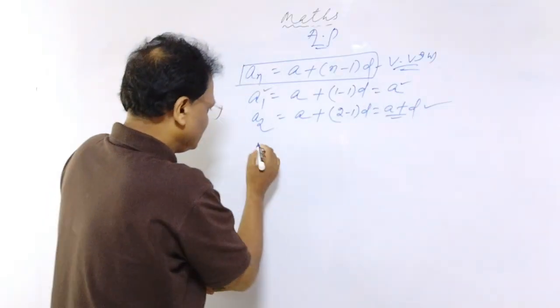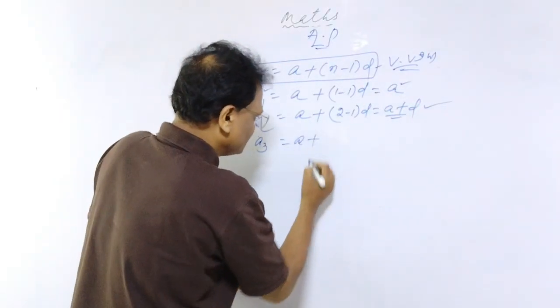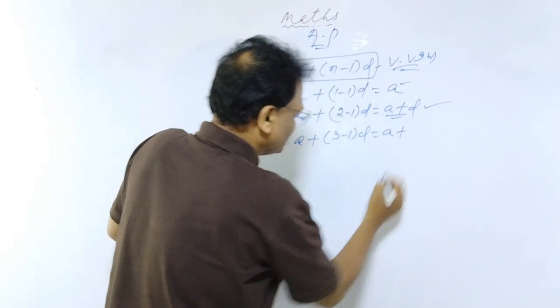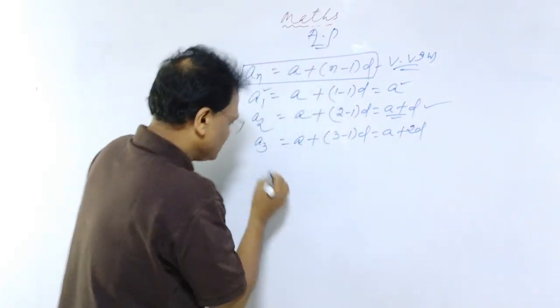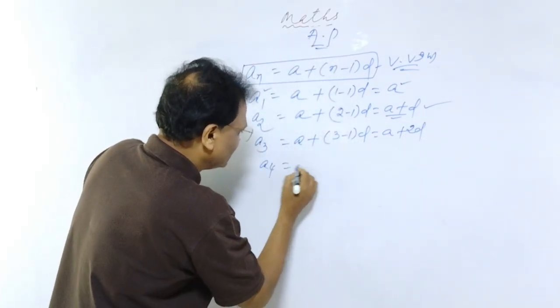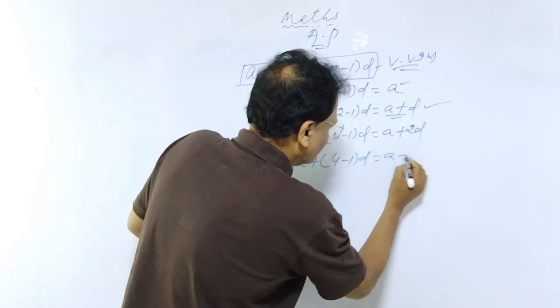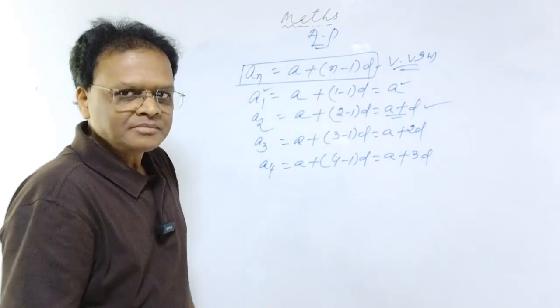Similarly, if I find the third term, a plus 3 minus 1, that is 2, into d, so 2d. If I want to find a4, that is a plus 4 minus 1, that is 3, into d, so 3d.